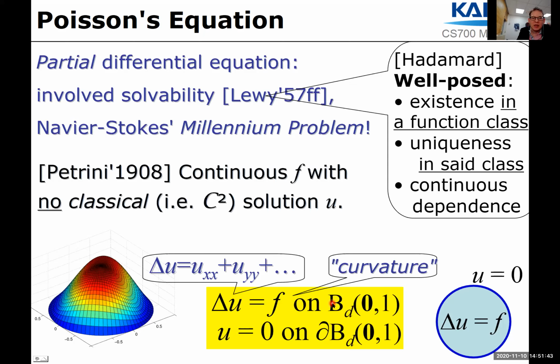In general, there exist continuous right-hand sides for which there exists no classical, no twice continuously differentiable solution. And this forced mathematicians to resort to more sophisticated, more complex function spaces, such as Sobolev space functions with weak derivatives, which are integrable.